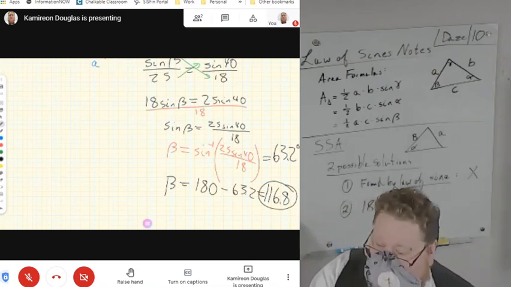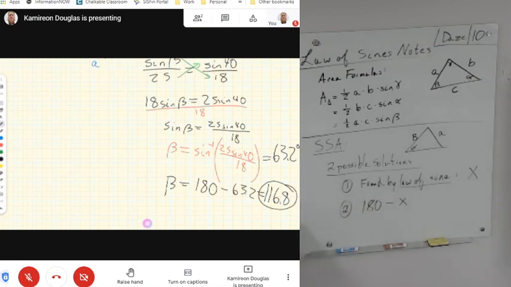That should be your key indicator light going off, saying, hey, look for the second chance. You only do this for the SSAs. Do not do it for the other ones. This is only for SSA. There will be somebody tomorrow that comes in and says, Douglas, I got an extra solution. I'll be like, it was not SSA. It was something else. Only for SSA.